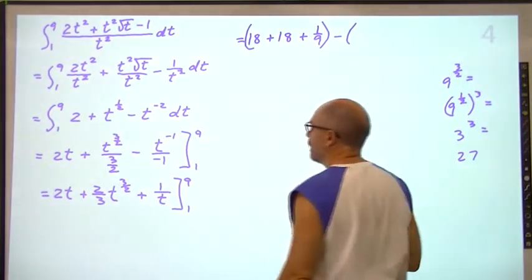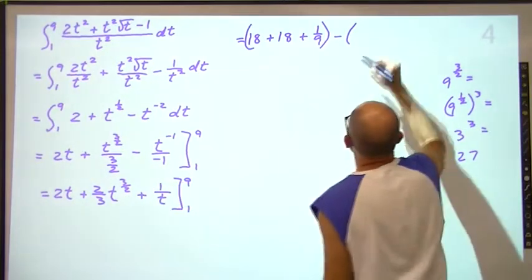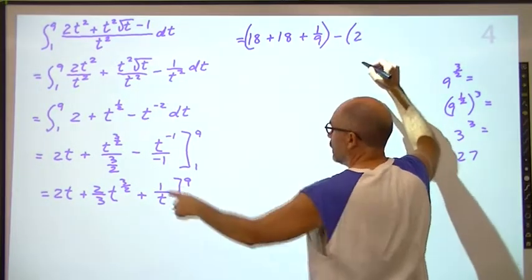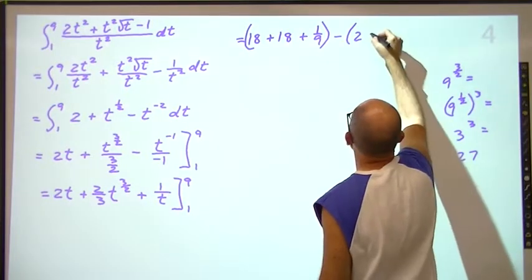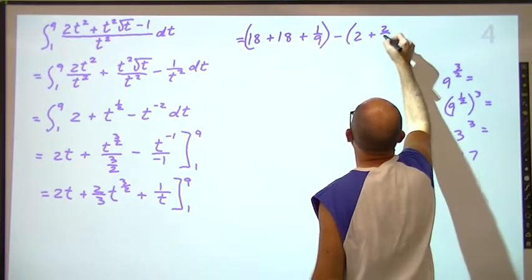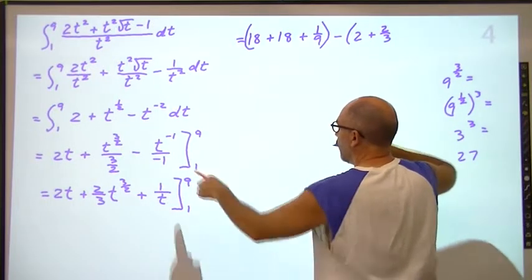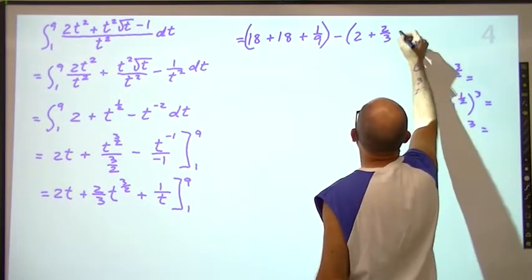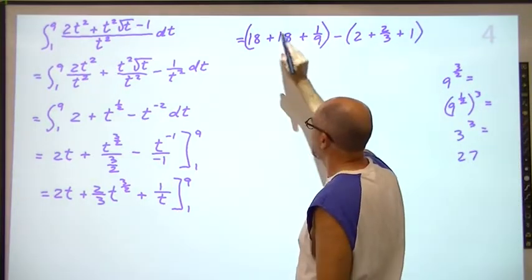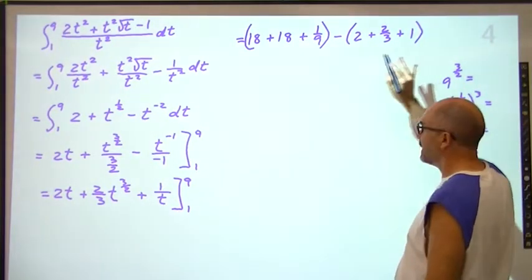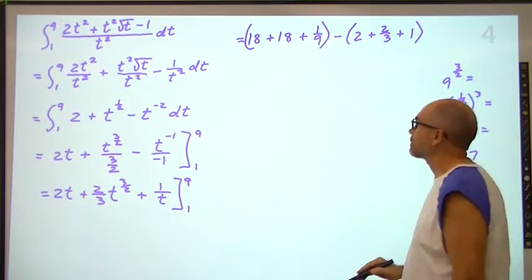Now, minus, we put the 1s in now. So 2 times 1 is 2. 2/3 times 1 to the 3/2 is just 2/3. And 1 over 1 is 1. So we put the 9s in, we put the 1s in, and we subtract.